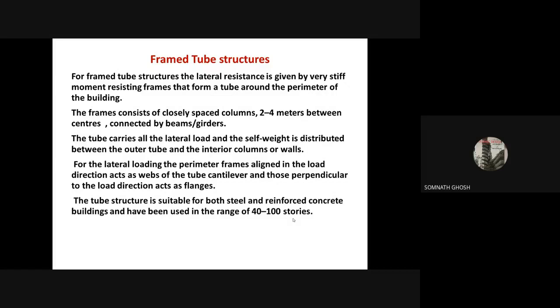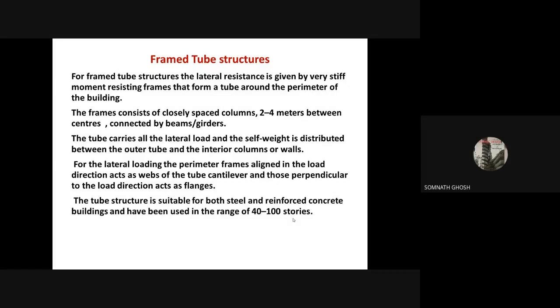For lateral loading, the perimeter frames aligned in the load direction act as the web. Think about it. I'm talking about a building, right? Just a vertical cantilever.